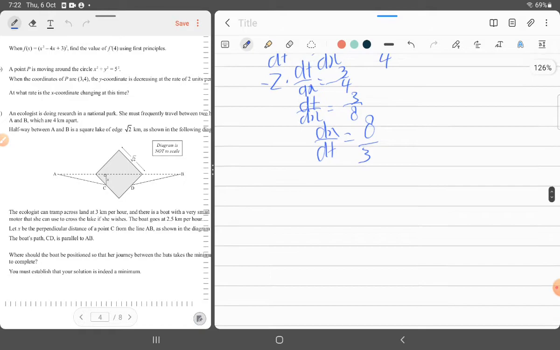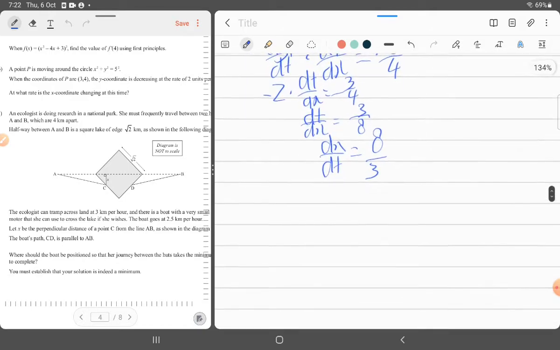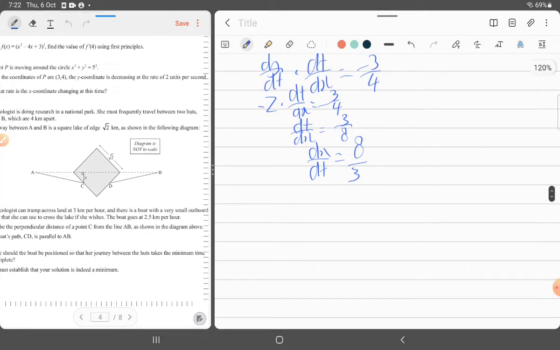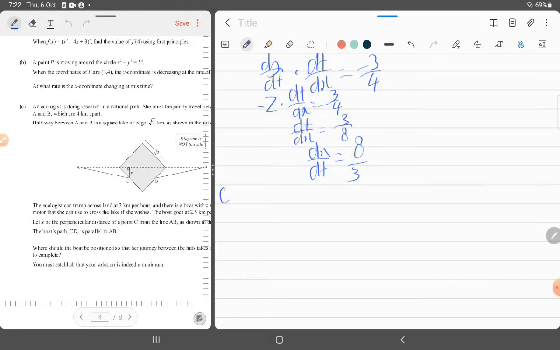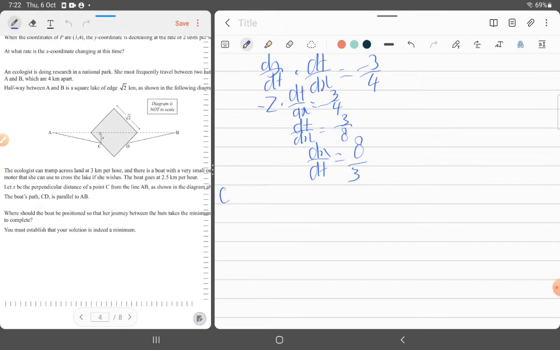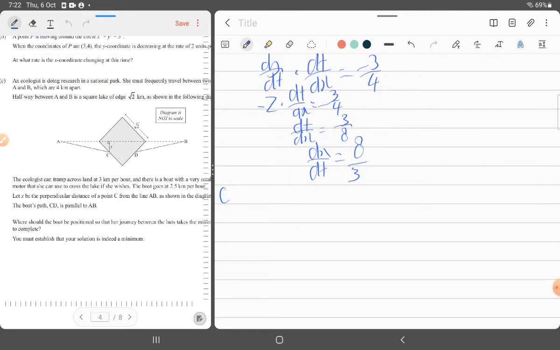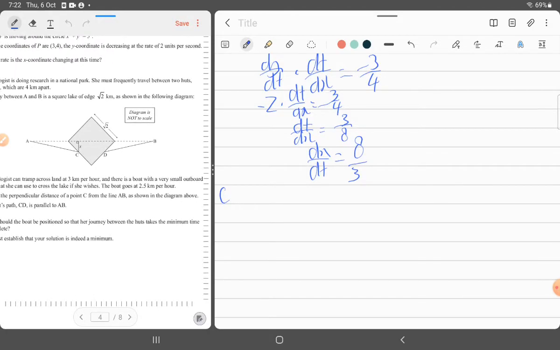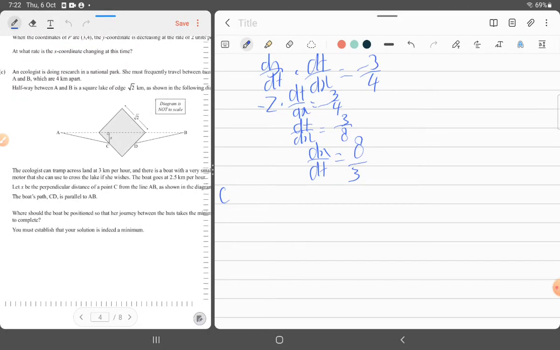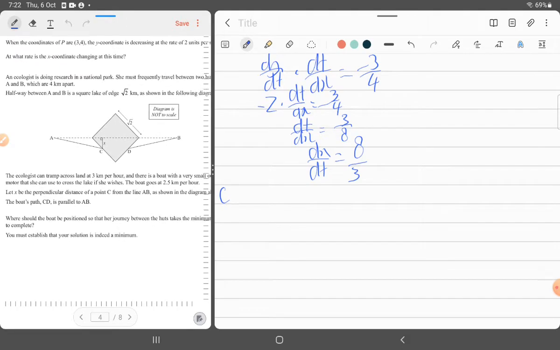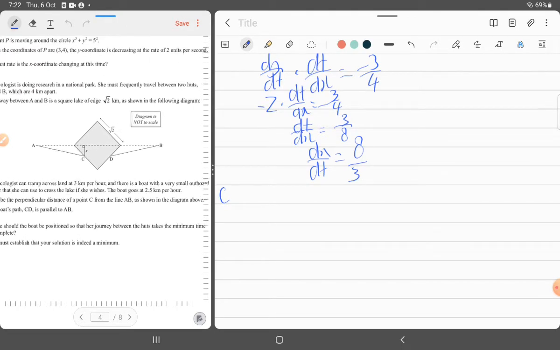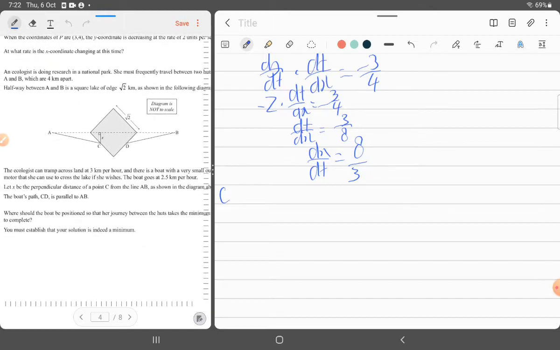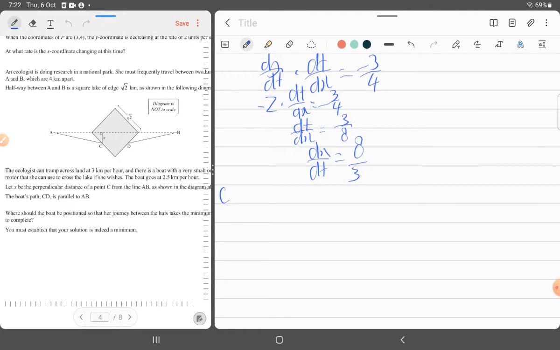Another cursed question. Question 3c. An ecologist is doing research at a national park. She must frequently travel between two huts A and B, which are 4 kilometers apart. Halfway between A and B is a square lake of side square root of 2 kilometers, as shown in the following diagram. The ecologist can tramp across land at 3 kilometers per hour, and there is a boat with a very small outboard motor that she can use to cross the lake if she wishes.